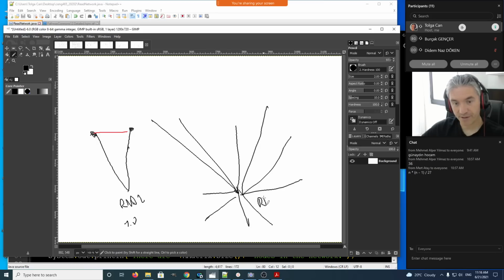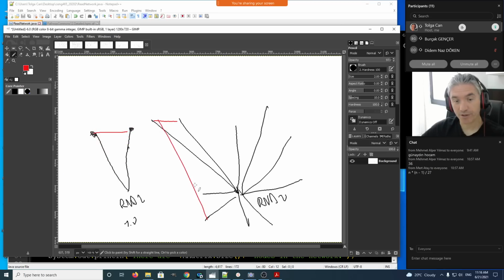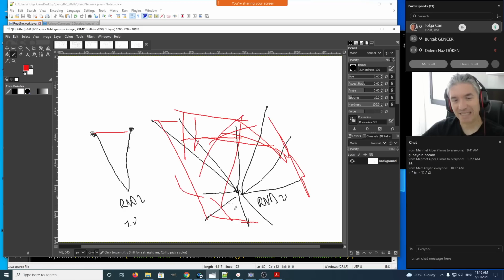This may also be RND2 with many neighbors, and all of them may be connected to each other. I'm not going to draw them in a tidy manner, but imagine all of the interactions between them exist like this. The clustering coefficient in that case may also be 1.0.